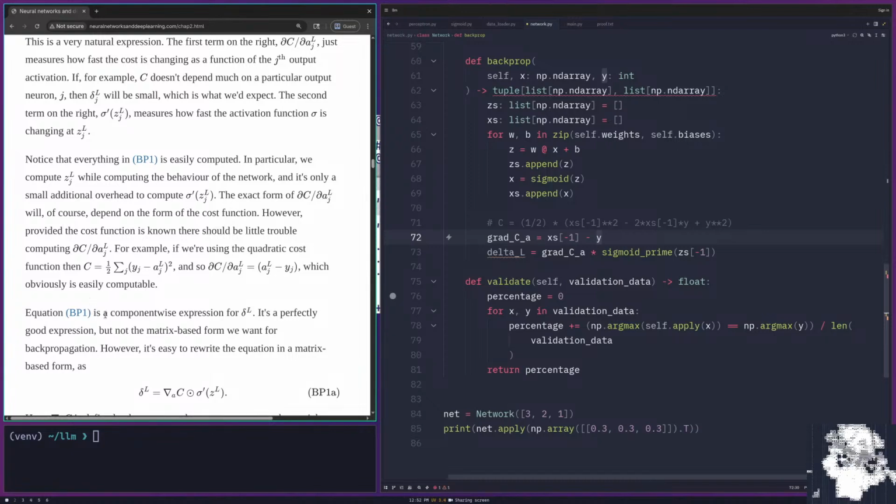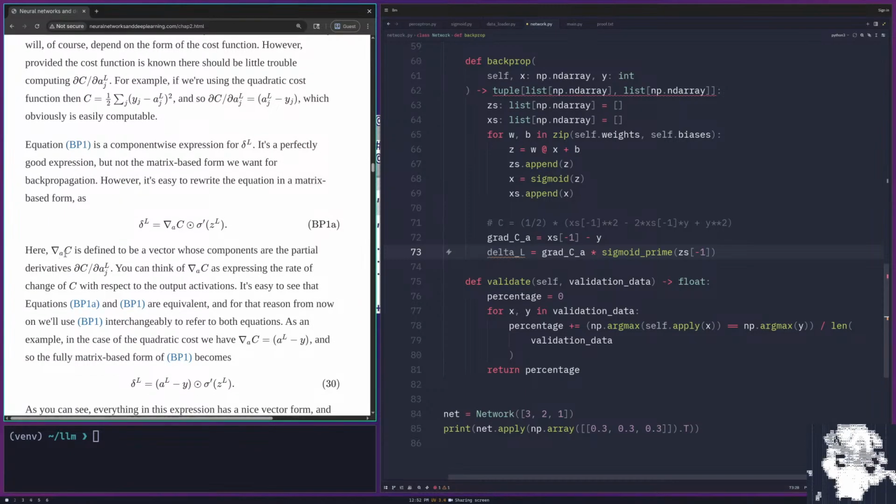Equation BP1 is a component-wise expression for delta L. It's a perfectly good expression, but not the matrix-based form we want for backpropagation. However, it's easy to rewrite the equation in matrix-based form as, yeah, that's already what I did, because this star here is the Hadamard product, the BP1A.